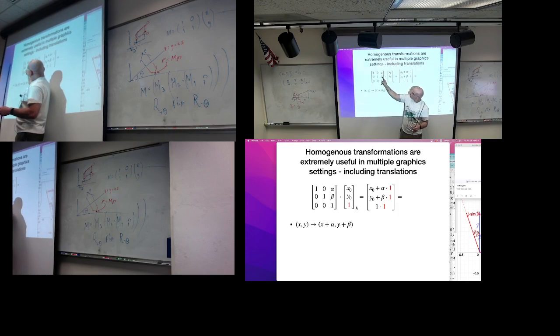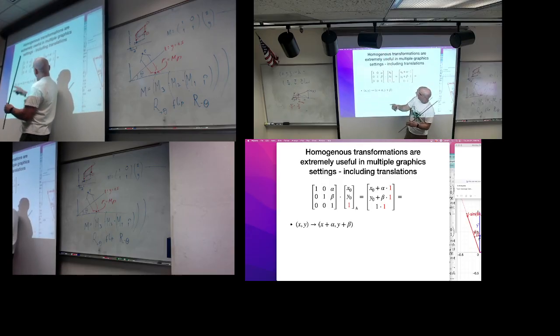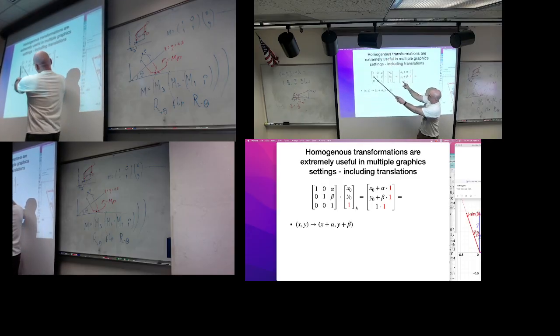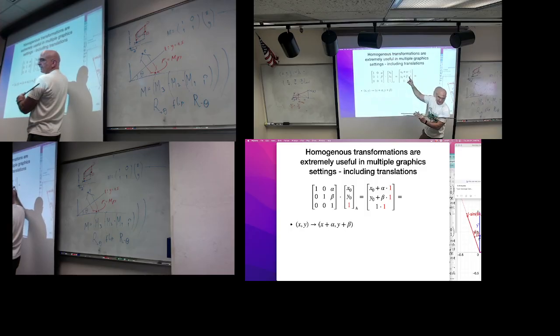This row times x0, y0, 1: 0 times x0 doesn't contribute, 1 times y0 makes it y0. So the y of the input is also the y of the output, except that beta times 1 adds another beta.